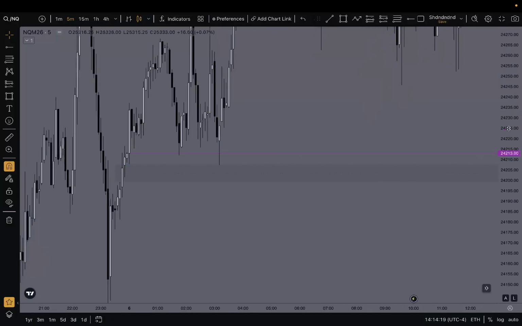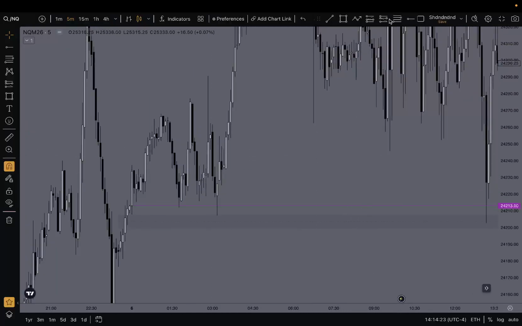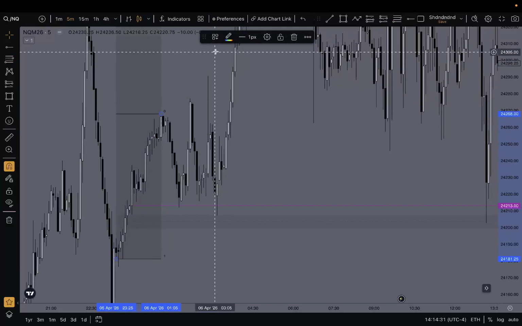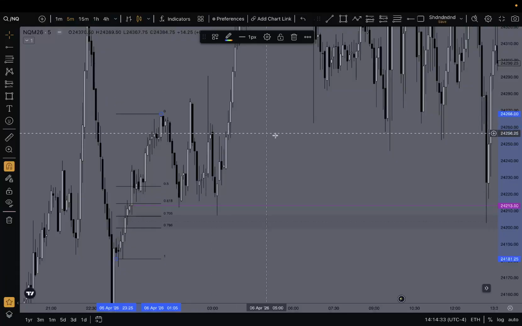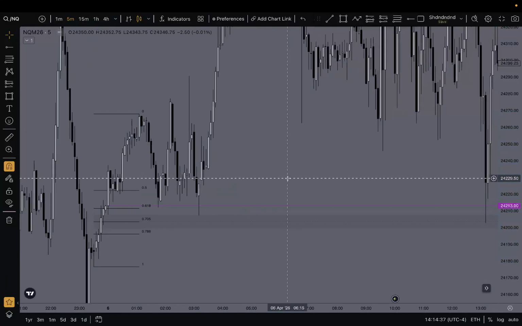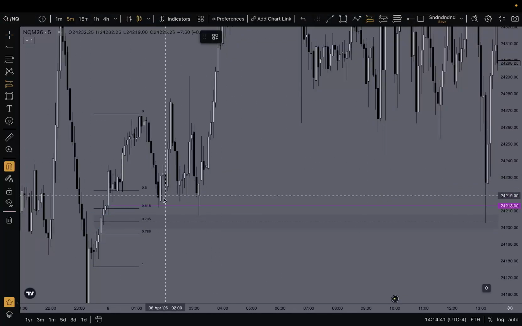I wouldn't take that, but you could take the OTE of a range with a key open. So we have this 5-minute range, and the key open aligns right with the OTE.